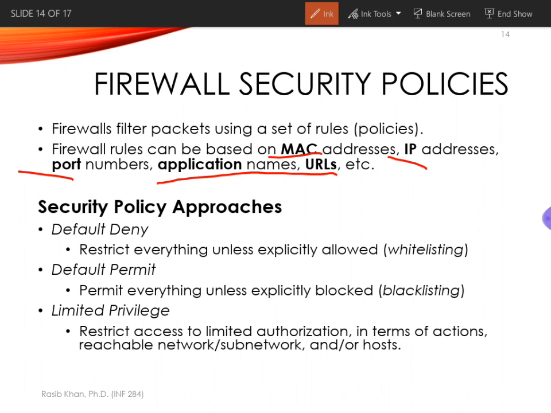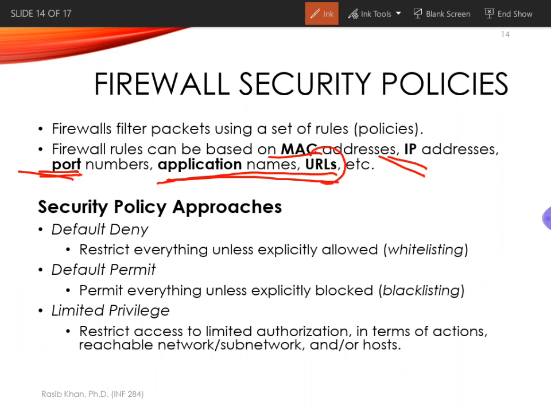Or I can say do not allow any connection that is incoming from a specific IP address. Or do not allow any connection that is trying to connect to a particular port on my host. And alternatively, I can also say just do not allow malware X, Y, Z to access my host.